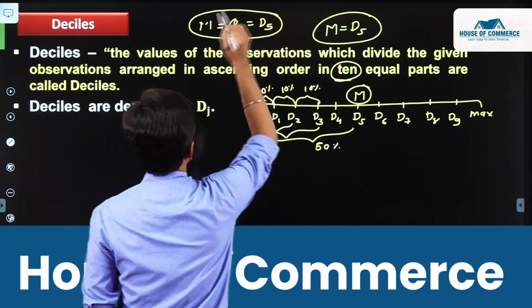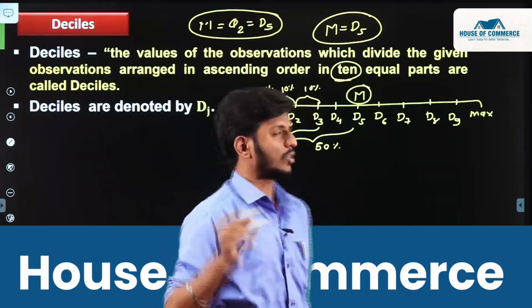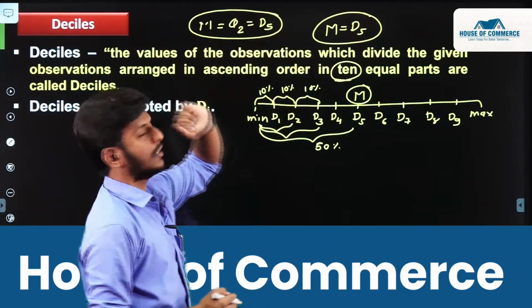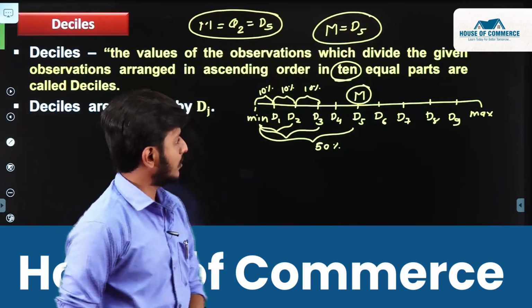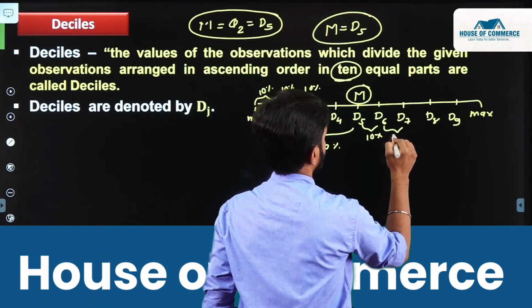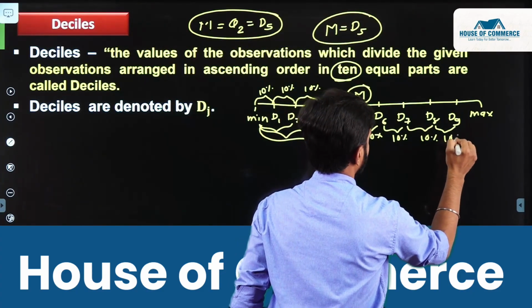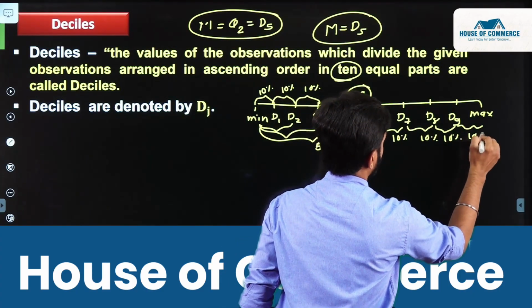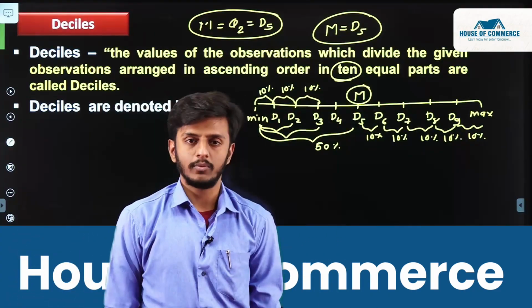All these three values divide all the observations into two equal parts. So the value of D5 and the value of M will be the same, and the value of Q2 and the value of D5 will be the same. Clear? And the last 10% of observations are larger than the D9 value. Clear?